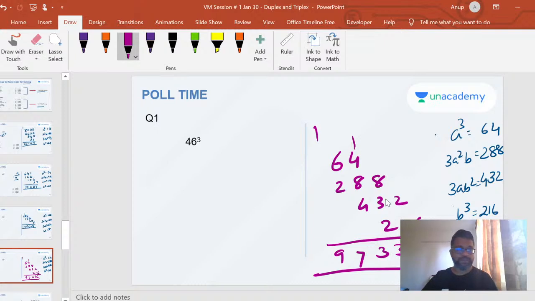That's what it should be. 43 cube. Six cube, right? Yes, that is right. Okay, so that was it.